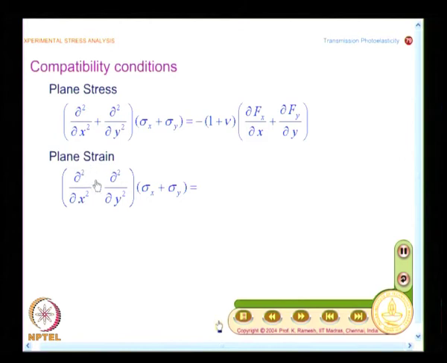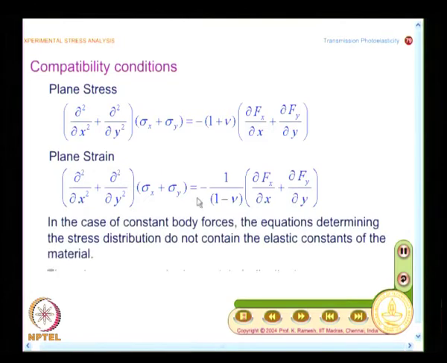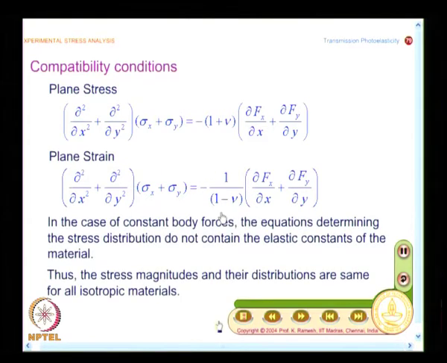When I go to plane strain and find out what is the compatibility in terms of stress components, only the first term on the right hand side changes. Instead of minus (1 plus nu), it appears as minus 1 by (1 minus nu). So, in the case of constant body forces, the equations determining the stress distribution do not contain the elastic constants of the material.